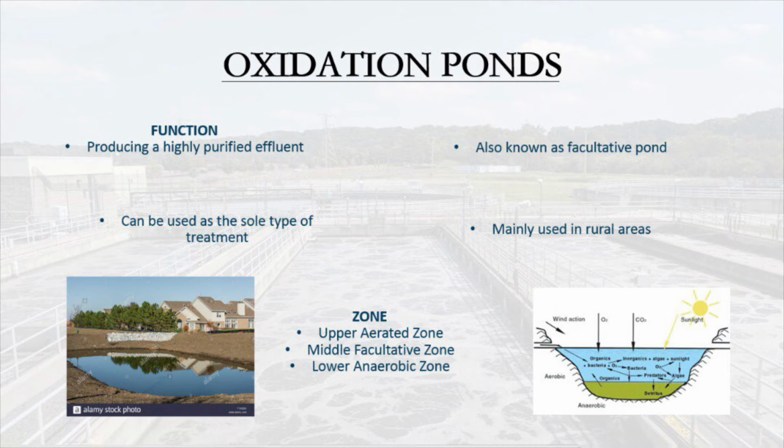The advantages of using the oxidation ponds process are that it is economical and there is no need for skilled labour. But the disadvantages of using this process are that sometimes it has unpleasant odor and mosquito breeding, and this process requires a large area to operate.